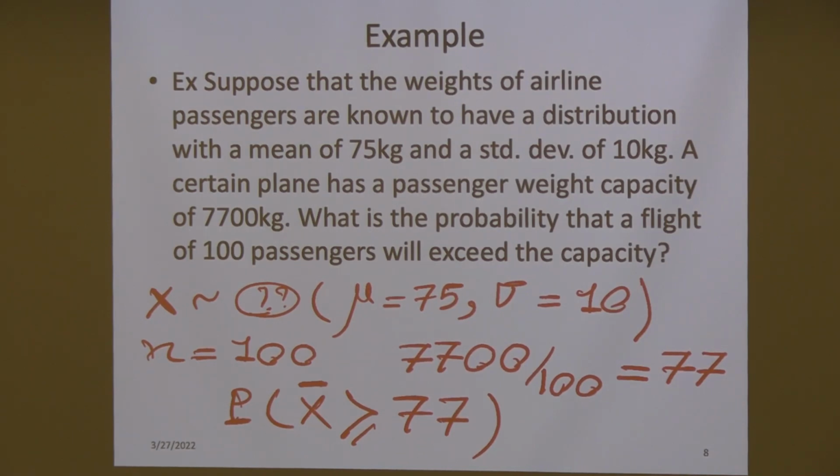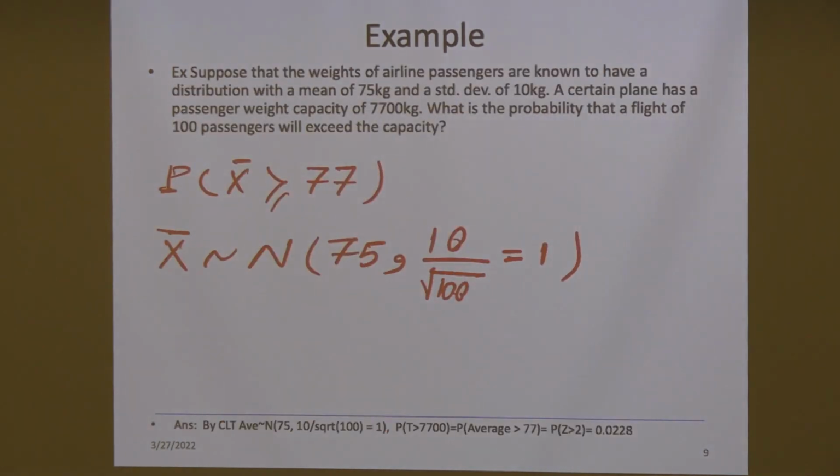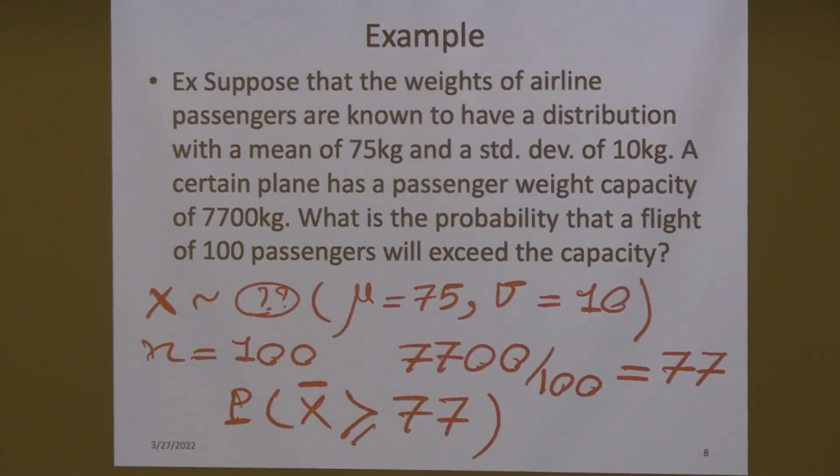And we can assume here that the assumptions of the central limit theorem are valid because the sample is large enough, right? And we also assume that it's less than 10% of the population, right?